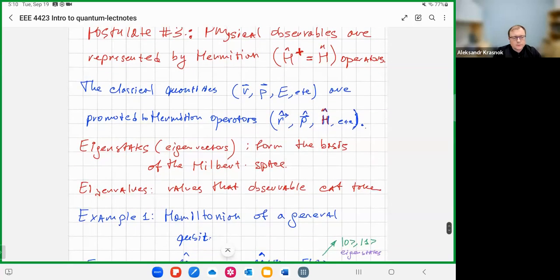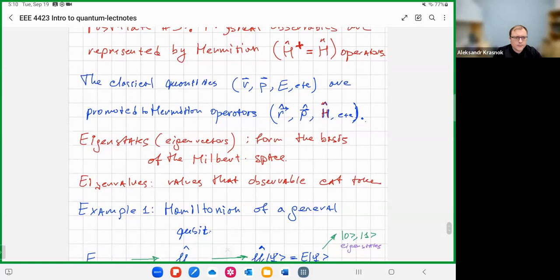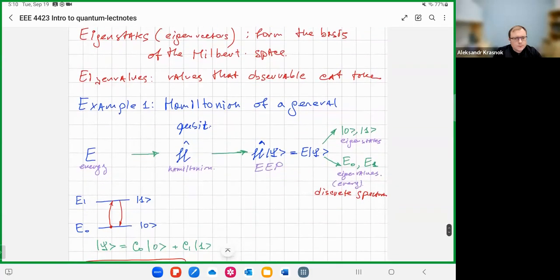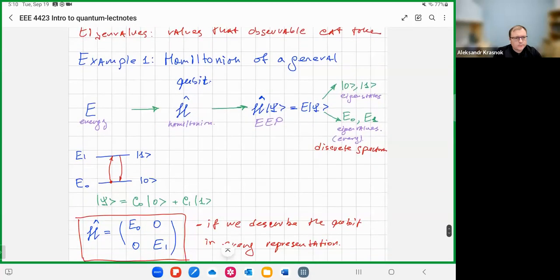So in quantum mechanics, all the classical quantities that can be measured are promoted to Hermitian operators. For example, we discussed the Hamiltonian of a general qubit.